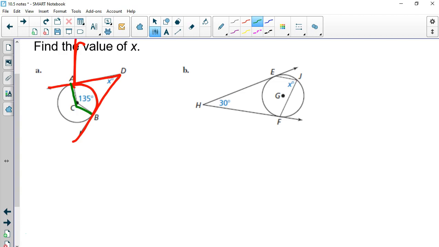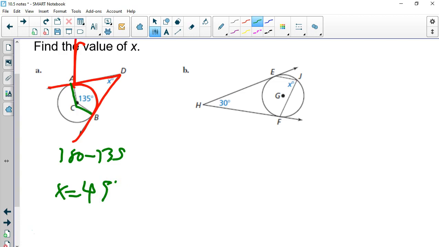So we're going to take 180 minus 135 to find out the value of that angle. So that means x is 45 degrees.